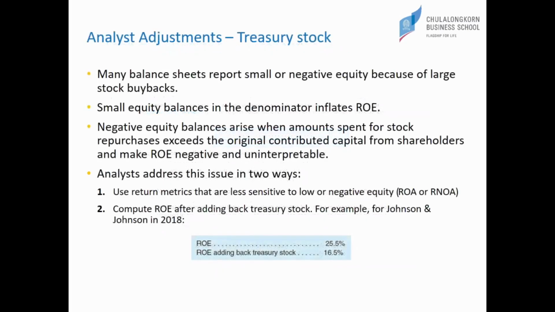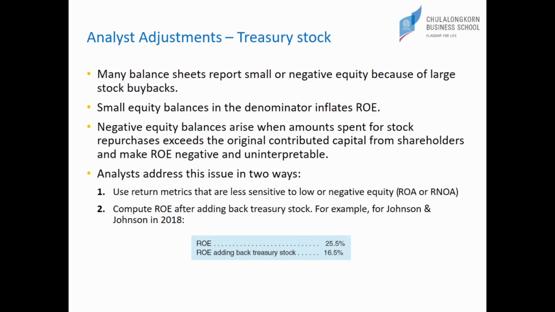So let's see. These days, maybe in the past decade or so, a lot of companies have been buying back their own stock, creating a lot of treasury stock. It will result in very small equity balances, which would inflate their ROE. It reduces the number of shares that's outstanding, right?